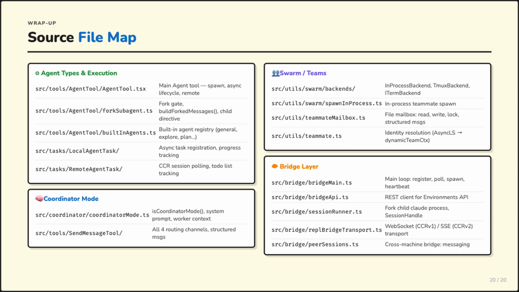Swarm backends are in src/utils/swarm/backends. The mailbox protocol is in src/utils/teammate mailbox. And the entire bridge layer is in src/bridge. Bridge main, bridge AP, session runner, transport, and peer sessions.